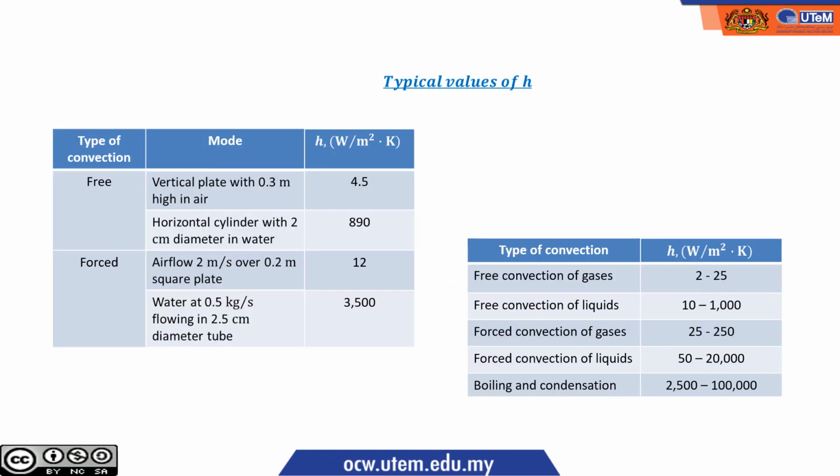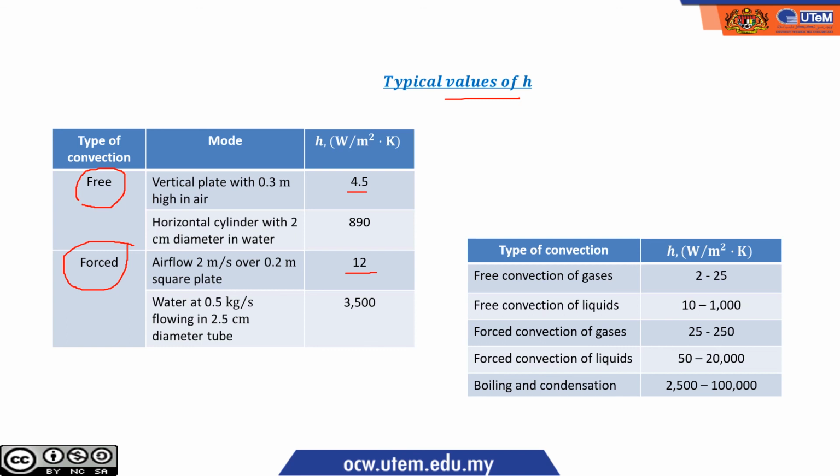Okay, these are some typical values of h. For free convection and forced convection, usually the same mode is compared. This one is a vertical plate 0.3 meter high in air. But if you compare free and forced convection, h will be bigger in forced convection.